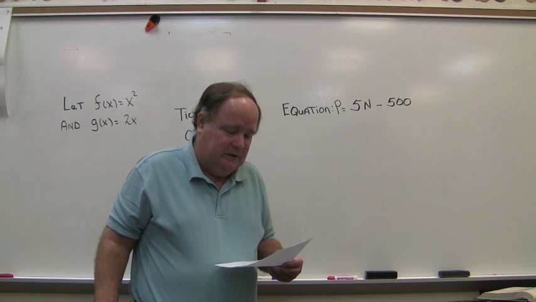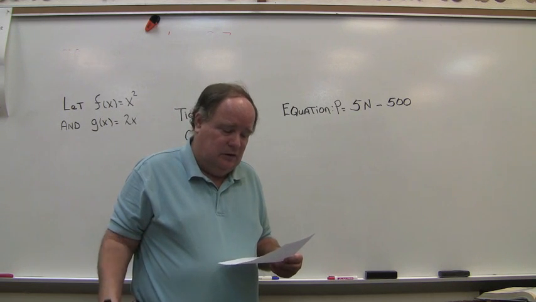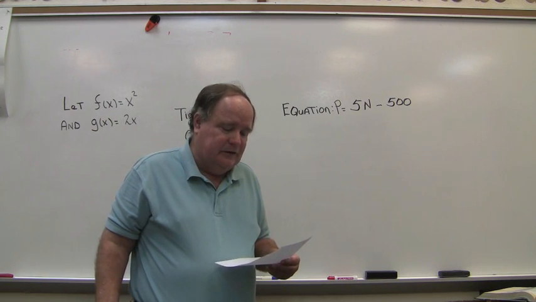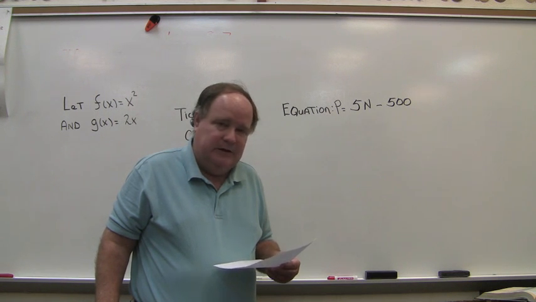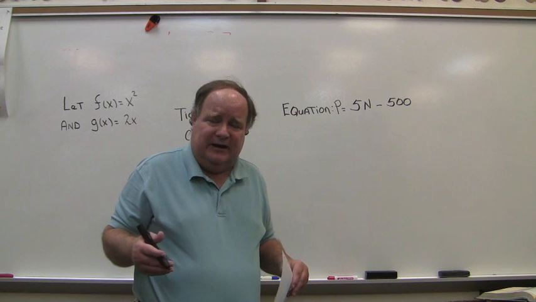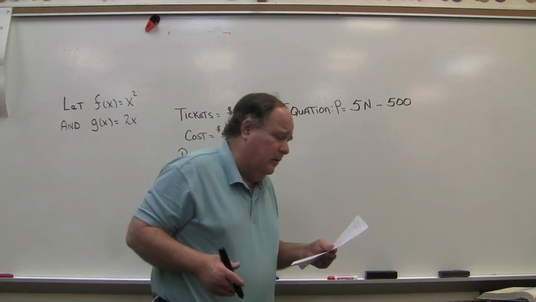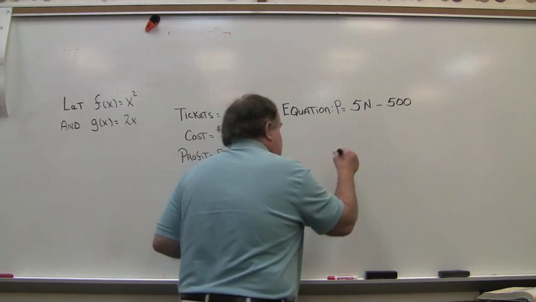The number of tickets sold minus the cost is going to be our profit. This is a function whose domain is the set of tickets that could be sold. The domain is usually what we call our x value, but in this case we're going to assign the domain to the tickets that we sell. That's our n number.